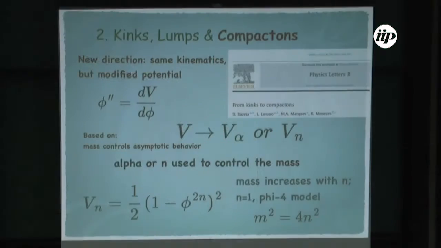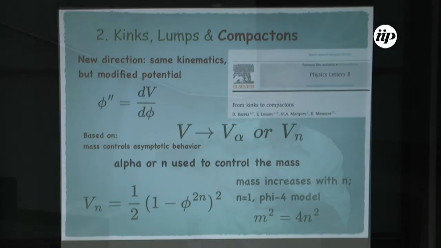And we noted, why this? What is the motivation? We know that the solution goes to the minimum of the potential asymptotically, exponentially, and the way it goes depends on the mass of the elementary excitations you have there. So we said, let us make the mass increase.